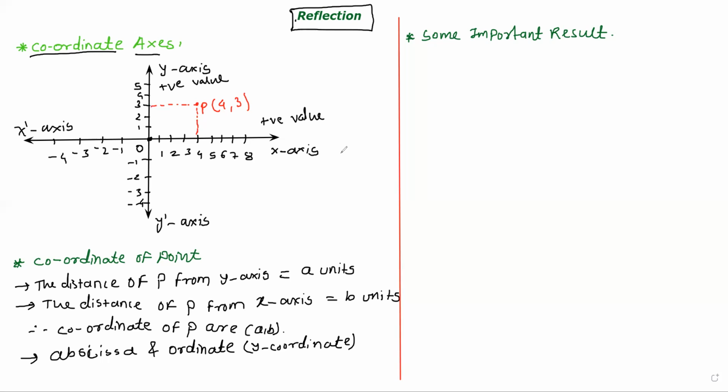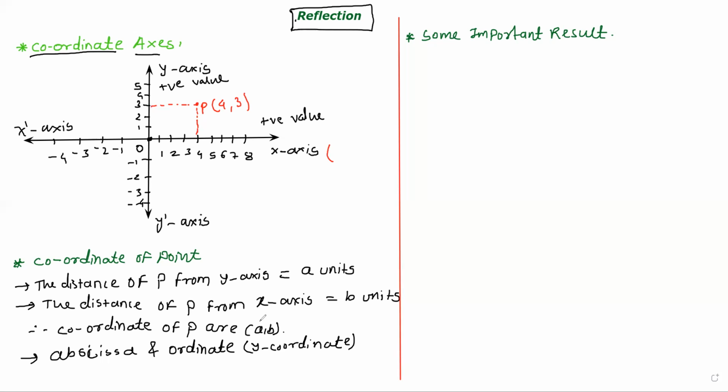The x coordinate is also known as the abscissa, and the y coordinate as the ordinate. Consider the point 4 as a.